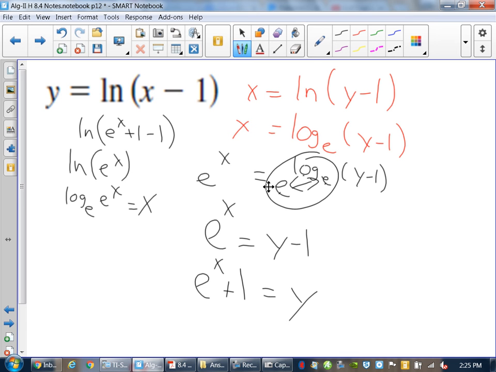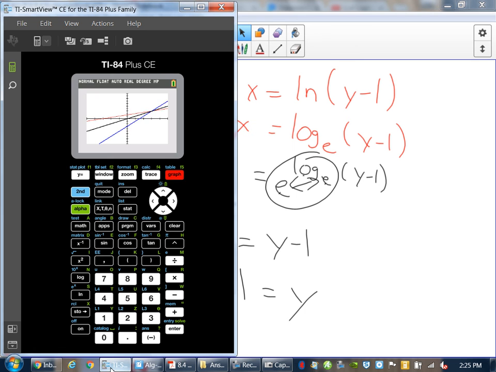Now, if I go to the calculator real quick and put in e to the x plus 1 and natural log of x minus 1, let me show you how to type that in. e to the x is right here, and then plus 1. The next one was natural log of x minus 1, I believe.